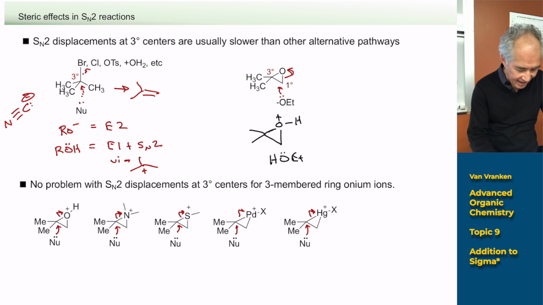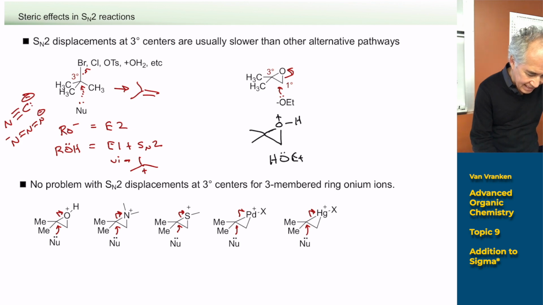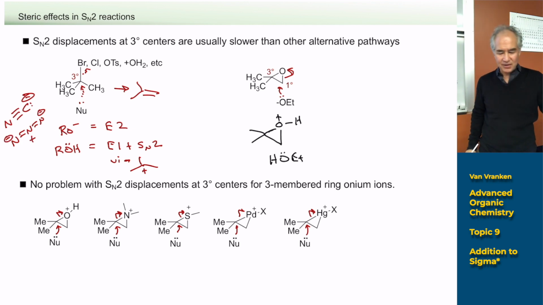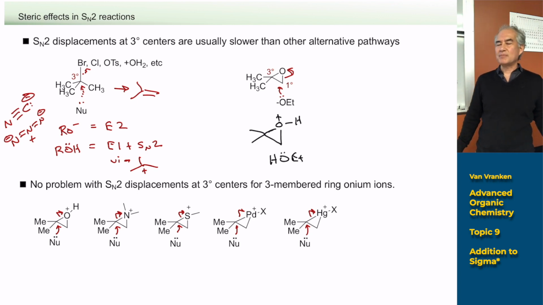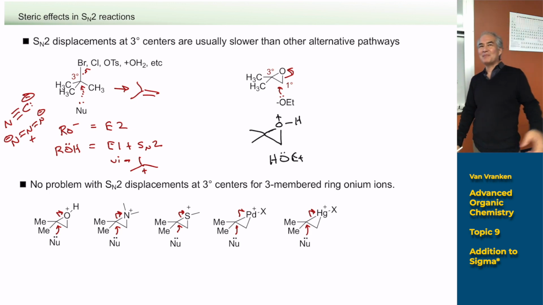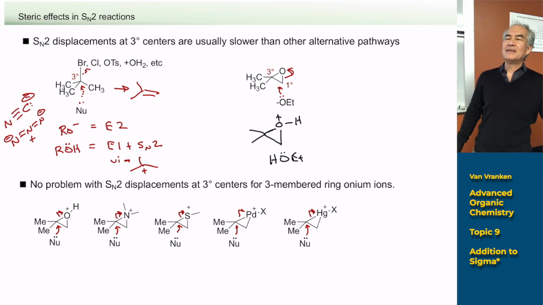It's not going to make it. Azide anion, again, linear. Great nucleophile for SN2 reactions, but you're still not going to get this azide anion to work at that tertiary center. So you just can't make it unhindered enough to substitute at tertiary centers. These systems down here, though, no problem attacking at tertiary. That's the bias.